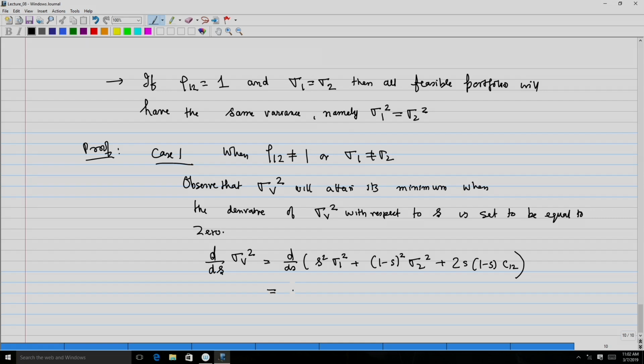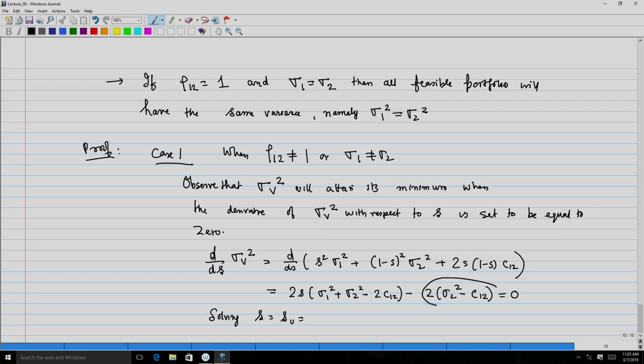So, the derivative of this turns out to be twice s into sigma 1 square plus sigma 2 square minus twice C1 2, minus 2 into sigma 2 square minus C1 2, and in order to find the value of s at which sigma v square is minimized, we set this derivative equal to 0. So, then solving, we get s equal to s naught.